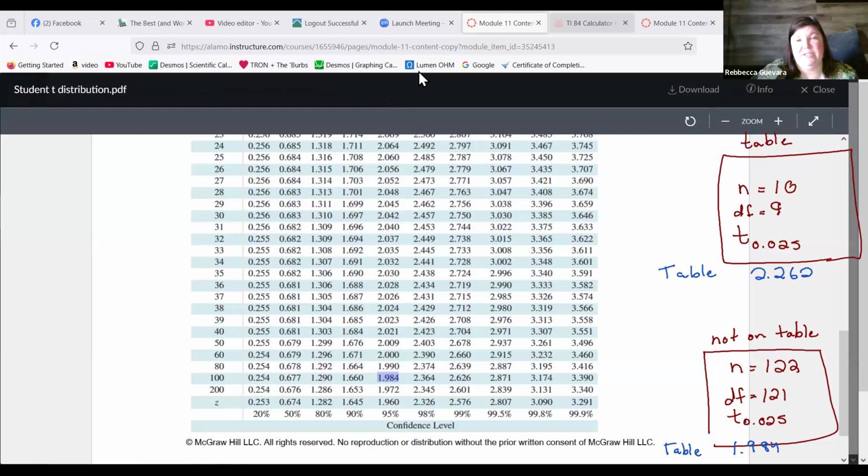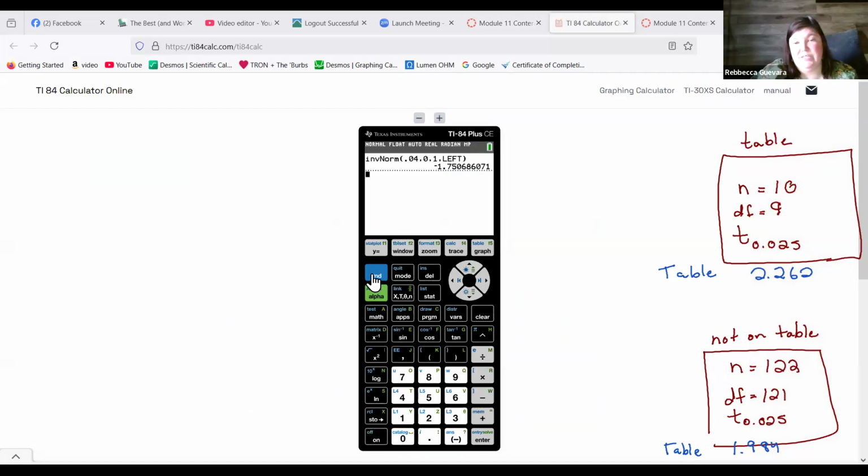All right, so going back to the calculator, if we go to second bars, that's going to take me to my distributions. You're going to see here at number 4, this is invert the normal distribution, this is invert the t-distribution. So you're going to put that area in. So that area is 0.025.